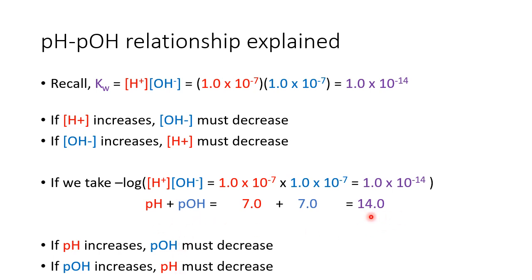Since the Kw will always be equal to 1 times 10 to the minus 14, we know that the pKw will always be equal to 14, so pH plus pOH always must add up to 14. Therefore, if the pH increases, the pOH must decrease, and if the pOH increases, the pH must decrease.